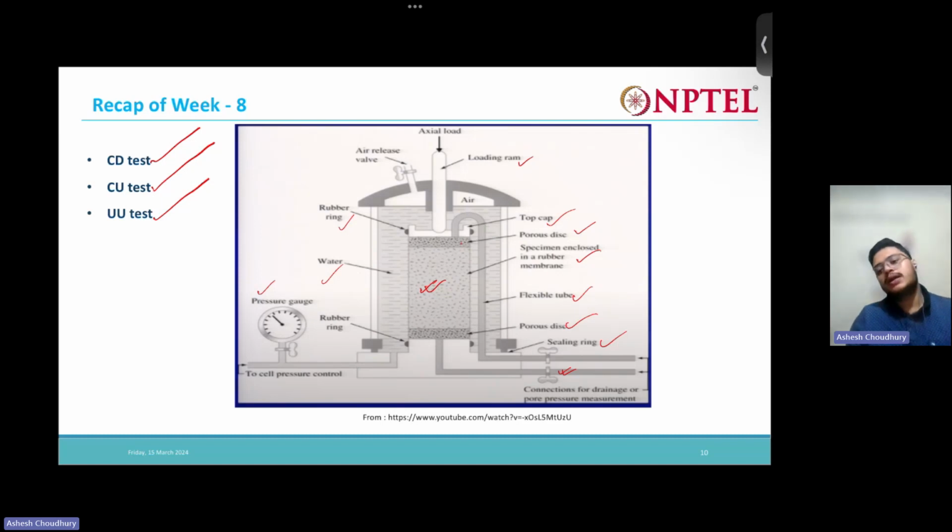One by one now let us see what these tests are: UU, CU, and CD.